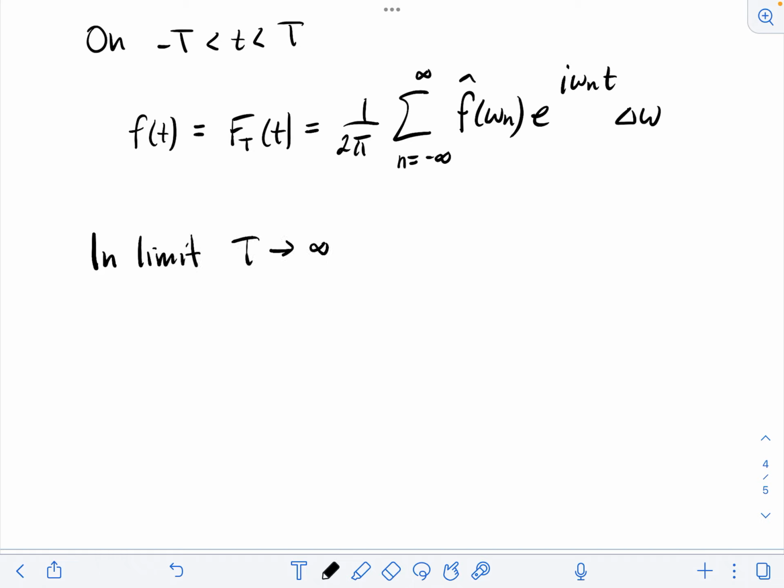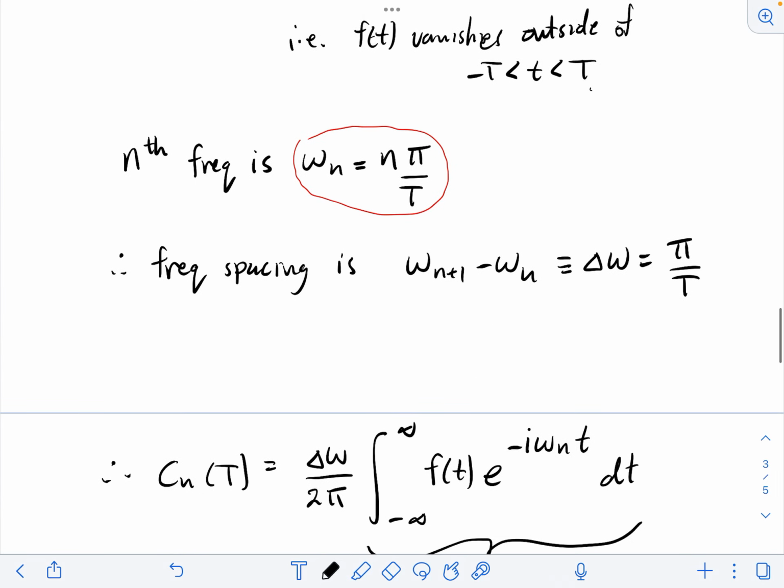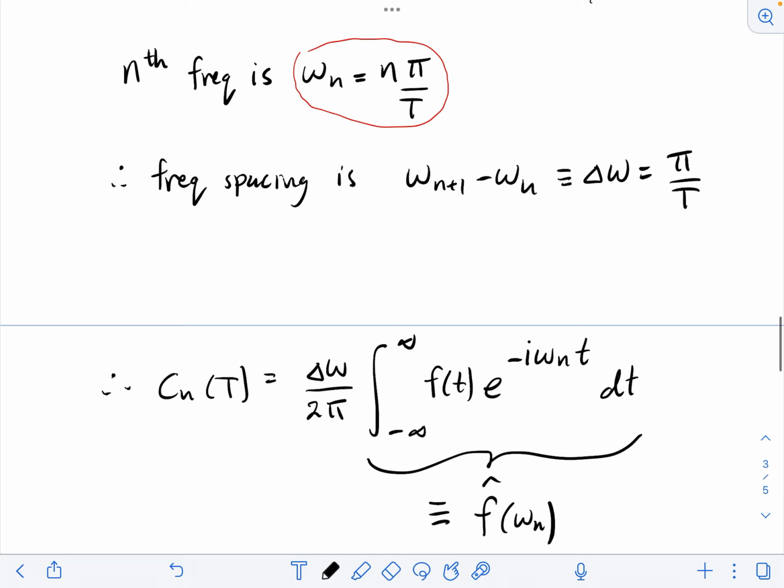what's going to happen? Well, delta omega is here.